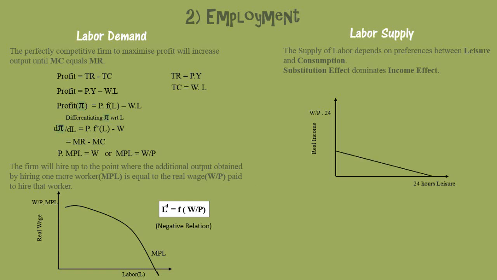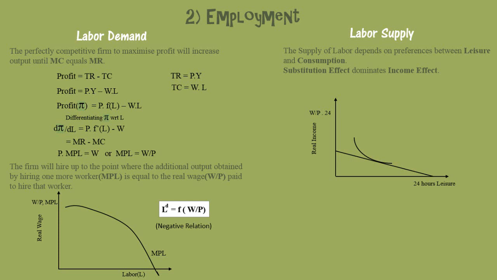Now, given this budget line and this indifference curve, the tangency of the budget line with the indifference curve gives the combination of leisure and income that the individual chooses, and that gives equal satisfaction to him. Now, my question is, what does the slope of this indifference curve mean?